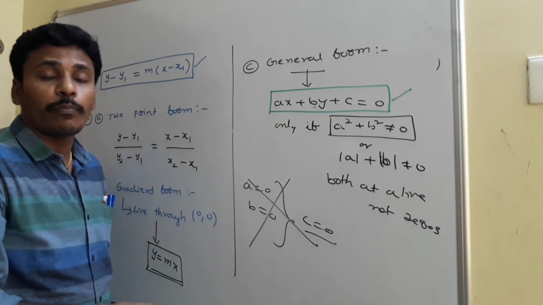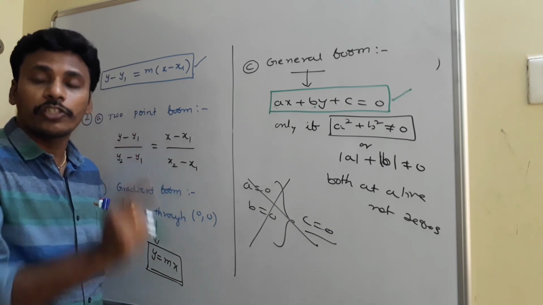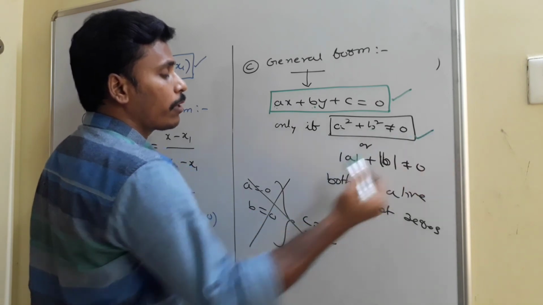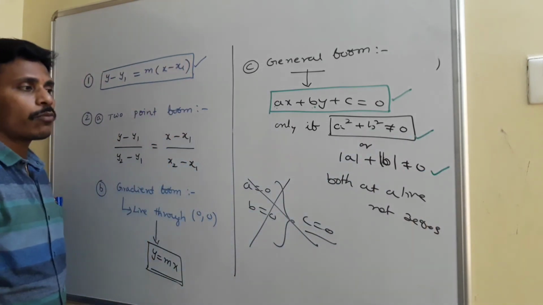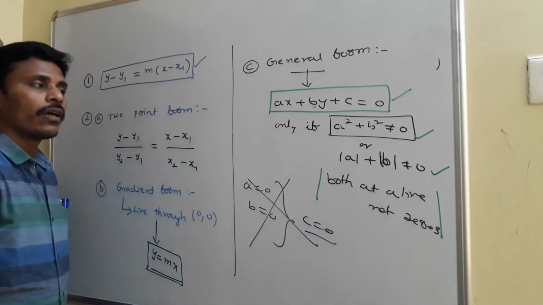Three possibilities are acceptable. Only one possibility is not acceptable: both are zeros, and it is indicated by a square plus b square not equals to 0. In some books they may write mod a plus mod b not equals to 0. You need to note that both at a time are non-zeros.